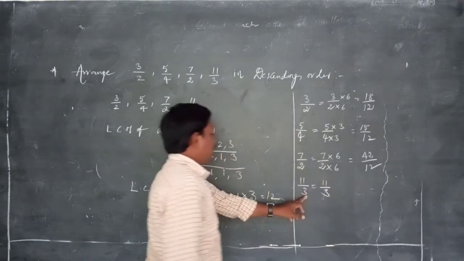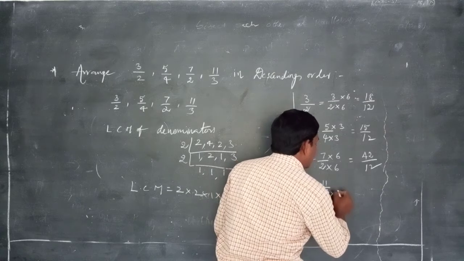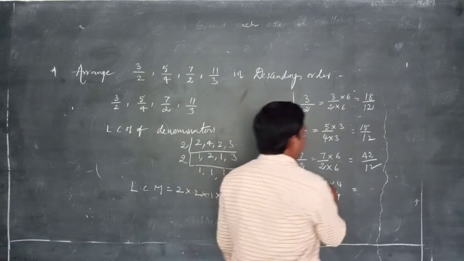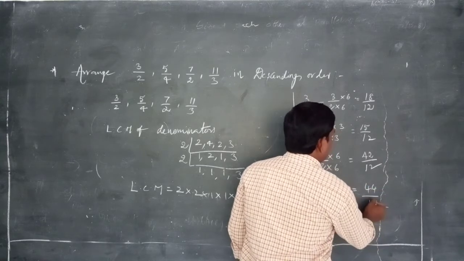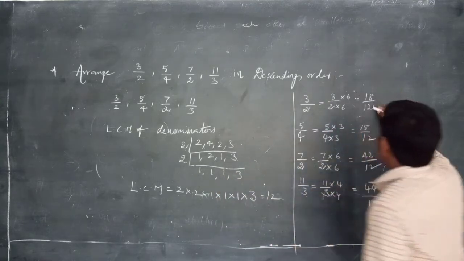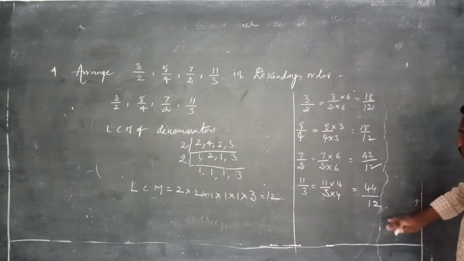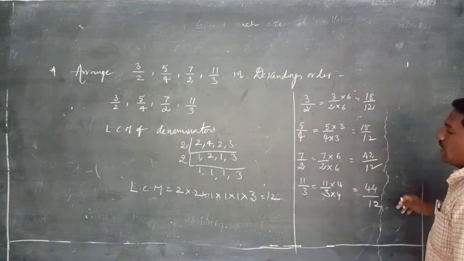If 3 becomes 12, the 3 should be multiplied by 4 as well as the numerator. 11 4s are 44 by 3 4s are 12. So all these denominators are 12. All these fractions are converted into like fractions.